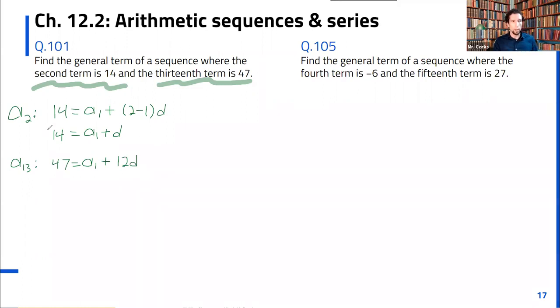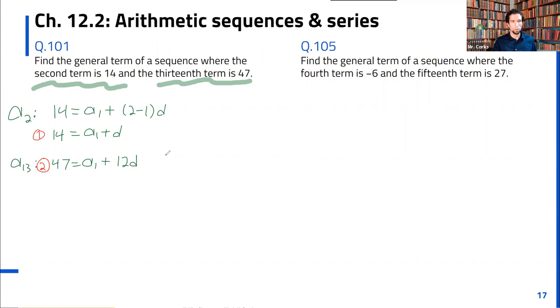Okay, so we have equation 1 and equation 2, and we just need to solve 2 equations, 2 unknowns. What's your choice here? Substitution or elimination? Elimination.